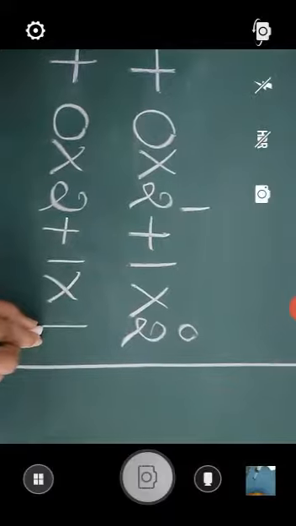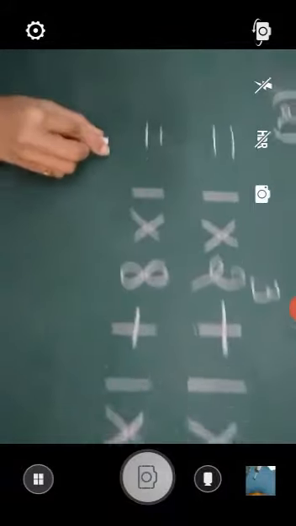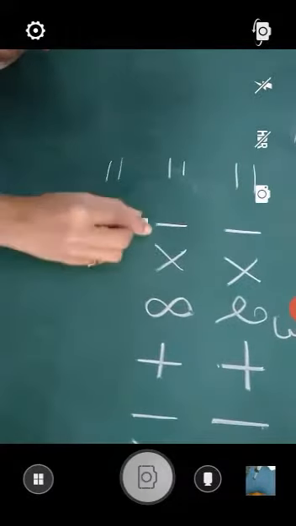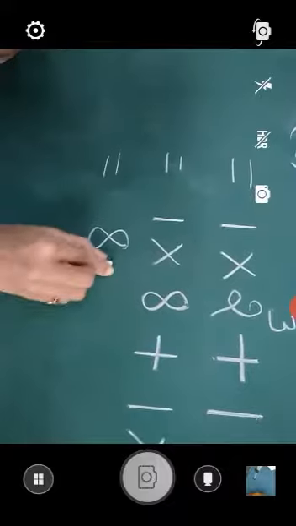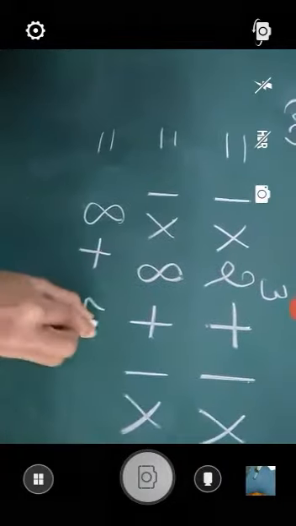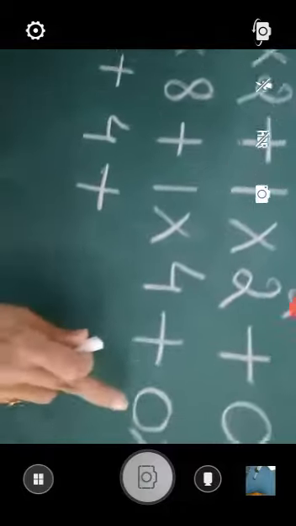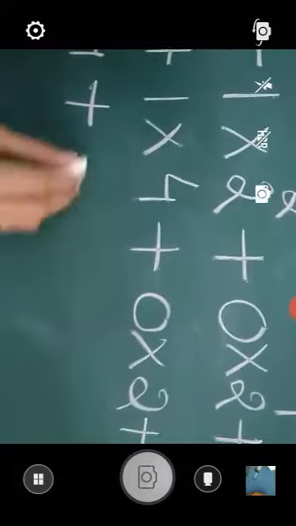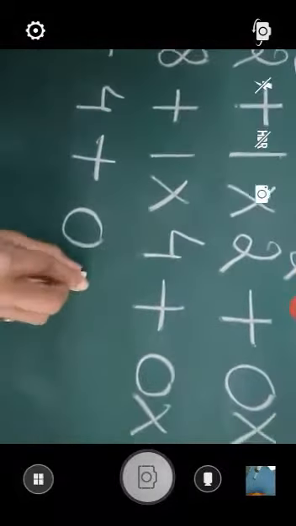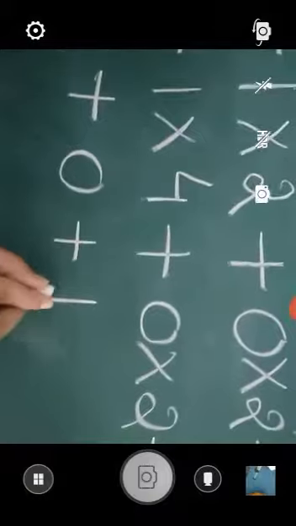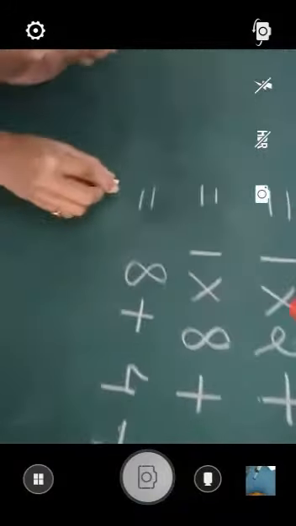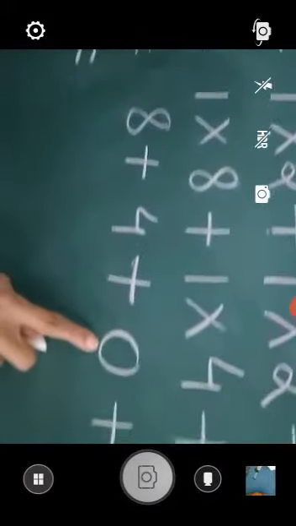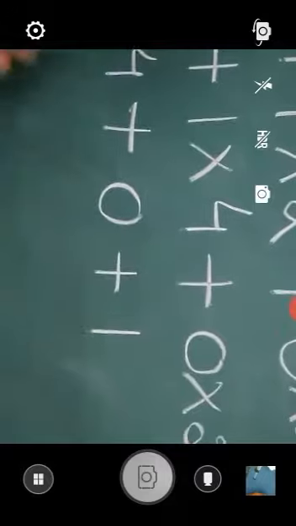Now evaluate: 1 into 8 is 8, plus 4, plus anything multiplied with 0 is 0, plus 1. So our final answer is 8 plus 4 plus 0 plus 1, that is 13.